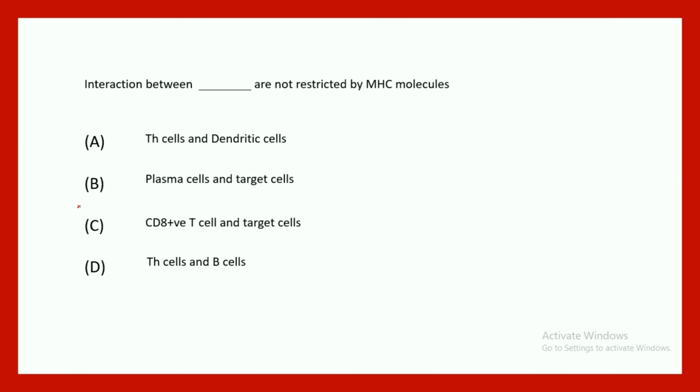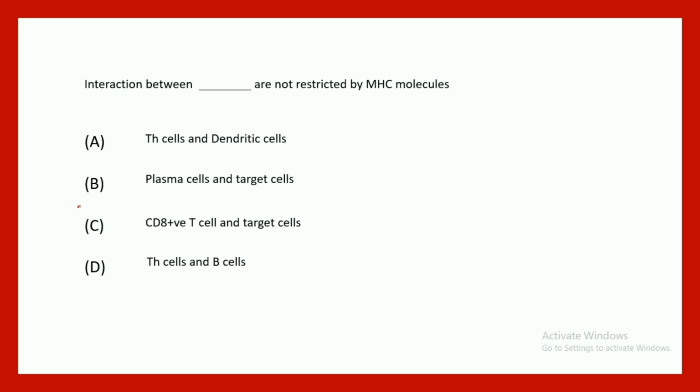So interaction between dash and dash are not restricted by MHC molecules. T helper cell and the dendritic cell, plasma cell and the target cell, then CD8 positive T cell and target cell, TH cell and B cell. Now, based on that, what they are saying is that all of these cell types require MHC molecule interaction.